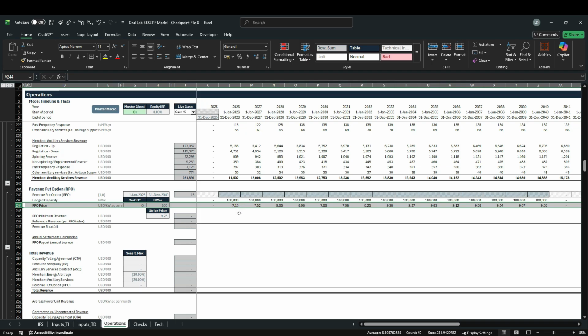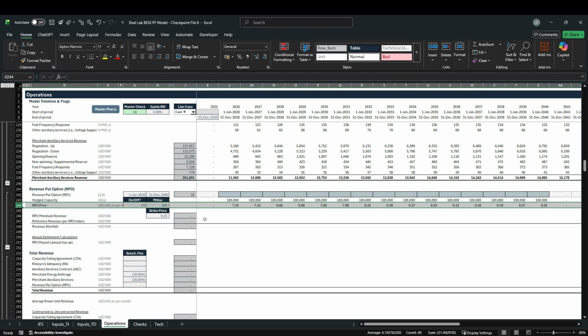So it's really important to keep that in mind. And it's even more important to have an option structured in such a way and linked to such an index that this index here is actually a good proxy for the actual revenue generated by the project. Because if this is not a good proxy, it's more or less just a randomized insurance and wouldn't provide a lot of comfort to lenders.